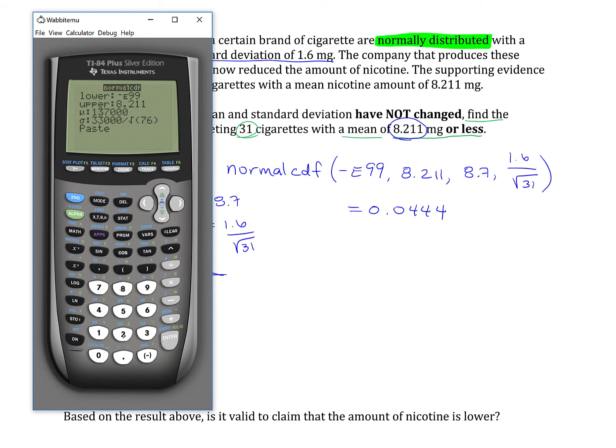But everything works the same, you just put the values in line by line. When you get to this last one, it is perfectly okay to just put 1.6 divided by square root of 31. The calculator will know exactly what you mean there and handle it accordingly.